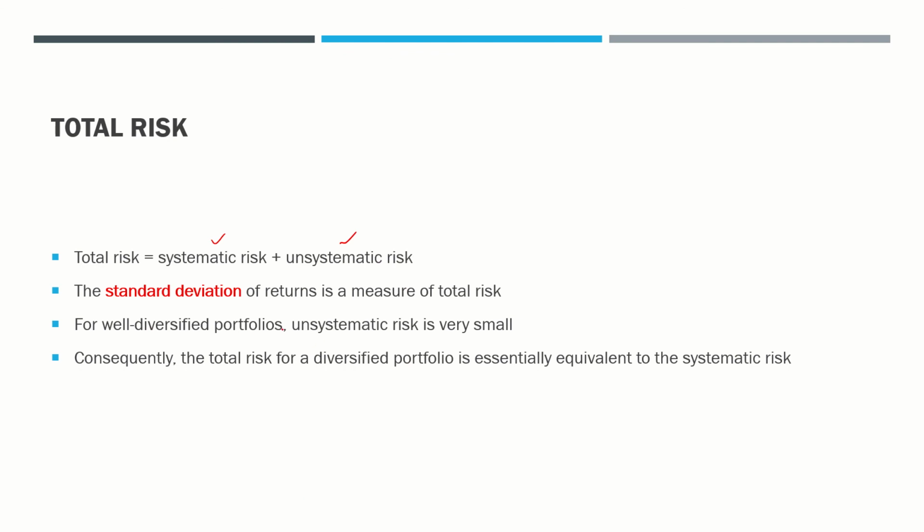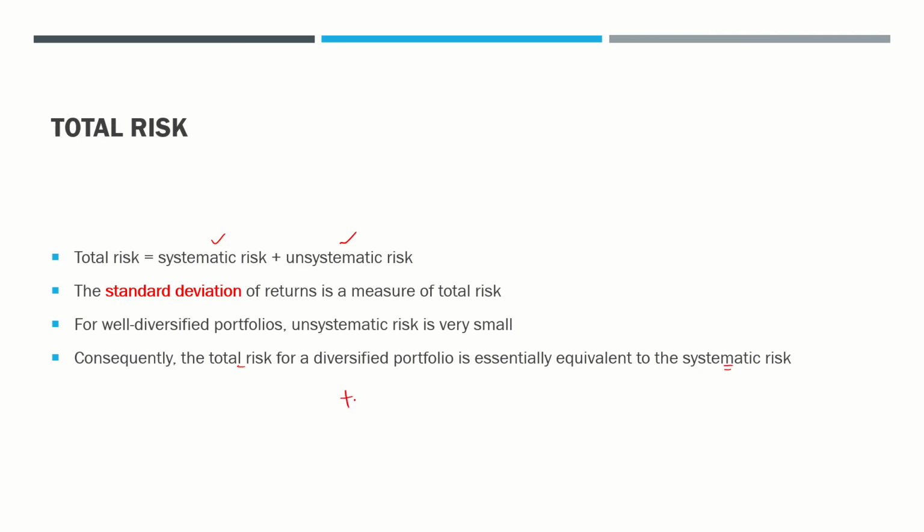For well-diversified portfolios, unsystematic risk is very small. Consequently, the total risk for a diversified portfolio is essentially equivalent to systematic risk. Maksudnya, apabila portfolio tu fully diversified, maksud dia hold banyak aset, total risk dia equivalent to systematic risk.